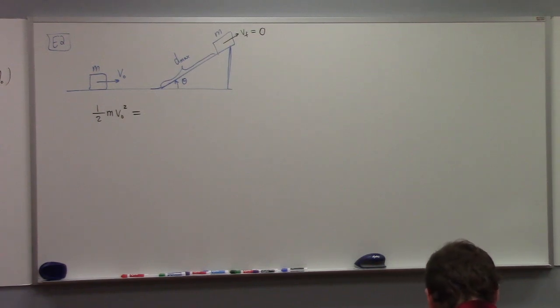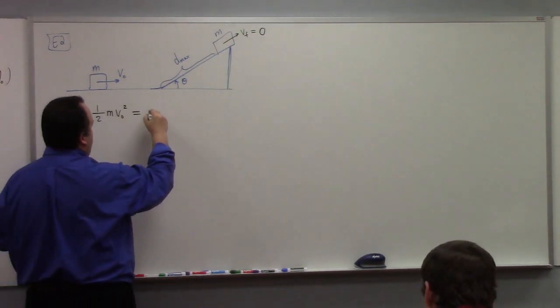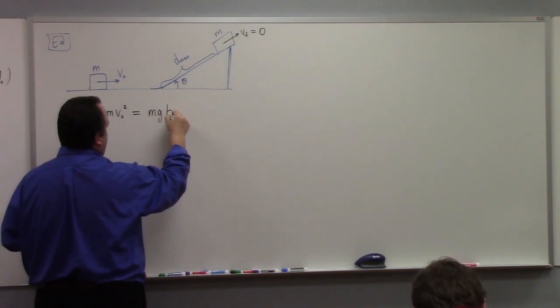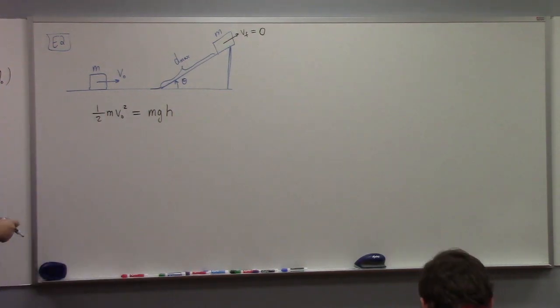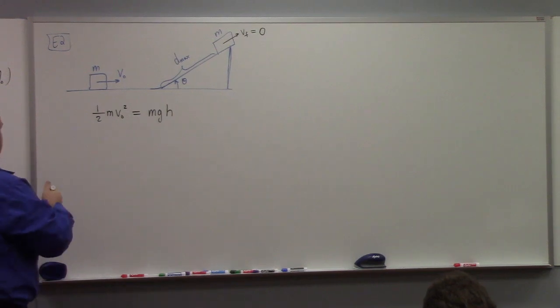So that should be equal to what? mgh, plus 0. My point is there originally is 0 potential energy, and at the end there's 0 kinetic energy. Where did I put h equal to 0?